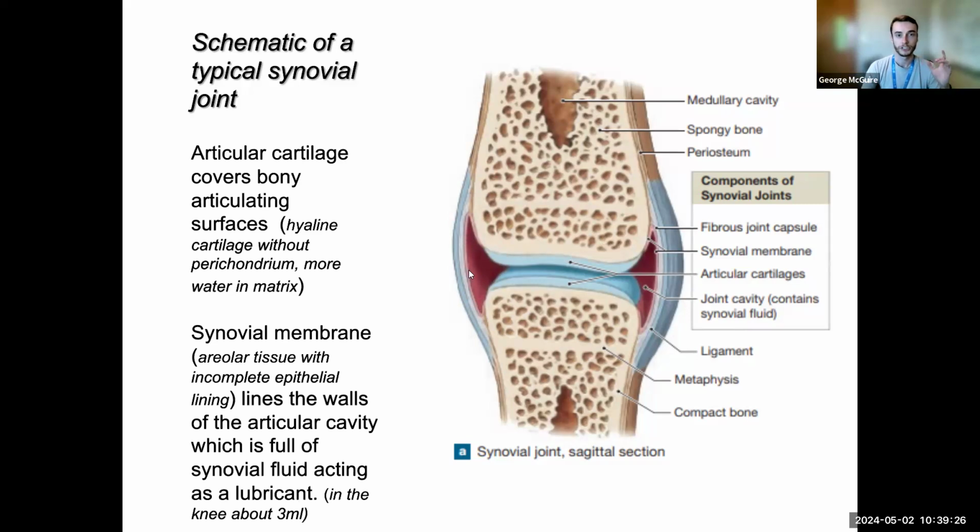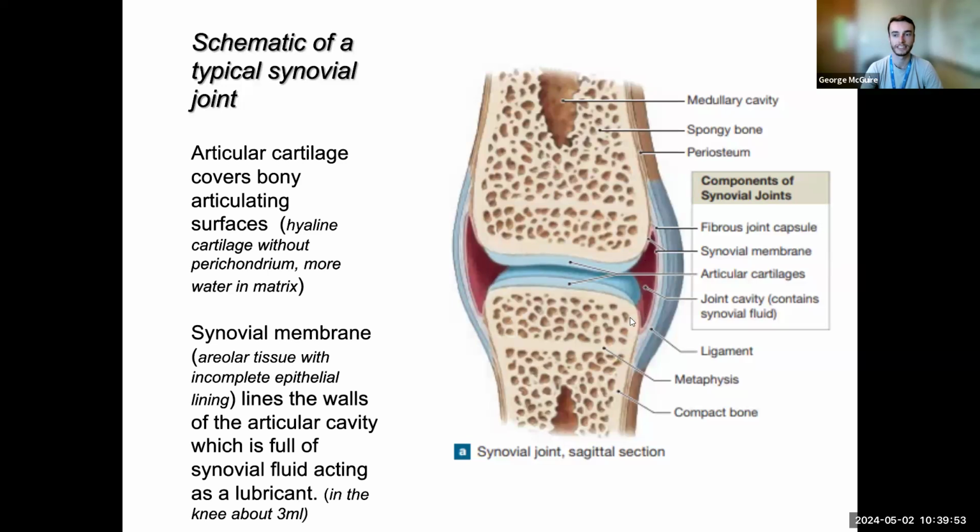And the cells within that areolar tissue are what are creating the synovial fluid that gets pumped into this space. That not only creates room in this joint for movement, but that's also going to be where nutrients and waste are diffusing to all the bones that make up the area around this joint, and helps with some of that compression, that resistance to force in that area as well.